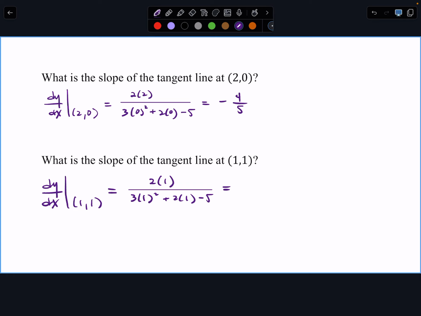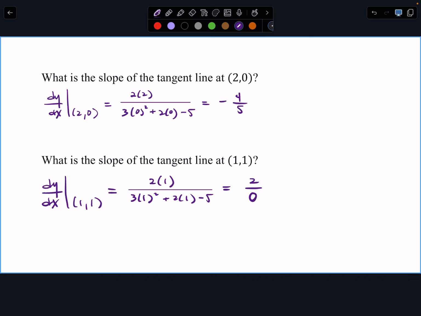It's just another notation of showing what you're evaluating at. I can just write m tangent at 2, 0 and then equals whatever. I wouldn't ever just write m tan. I would show evaluating f prime or dy over dx at a specific value.